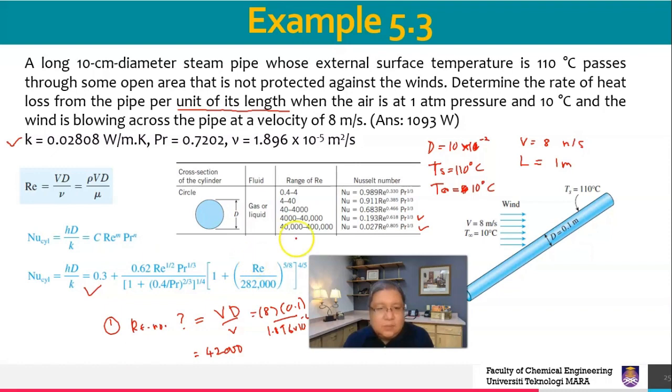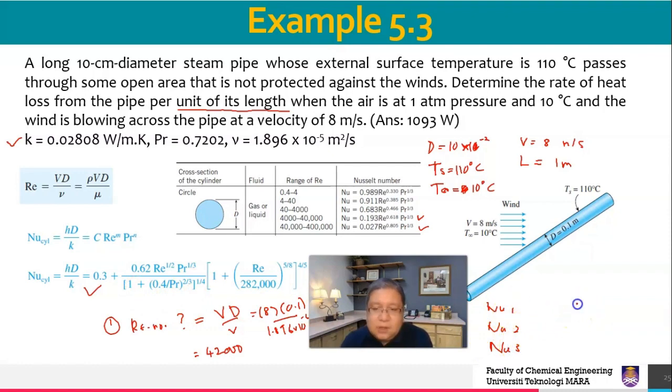So what you can do is get all these Nusselt numbers. For example, if you use this one, you have Nusselt number 1, this one, Nusselt number 2, which basically leads to the same solution, and Nusselt number 3 is this one.